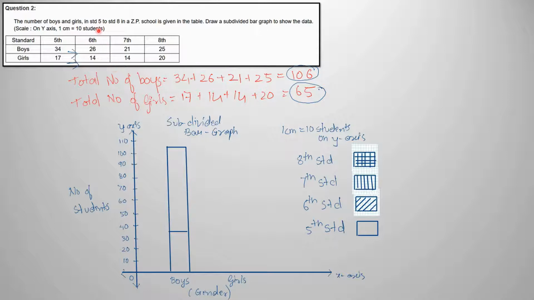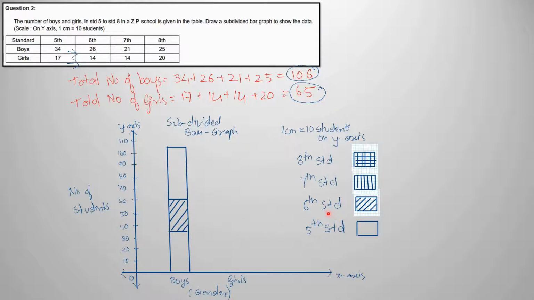Now, 6th standard has 26 boys. To find the second portion in the bar, you add 34 plus 26, which will give you 60. So on this bar, you draw a line up to 60 and you draw the slanting line pattern.